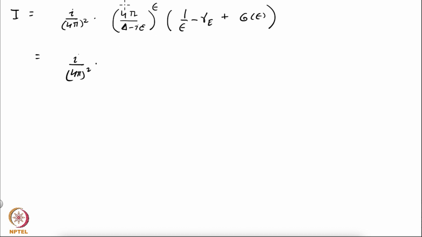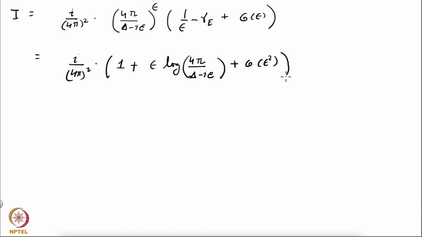Let's expand in epsilon, in powers of epsilon. So the lowest order term is 1 plus epsilon times log of 4 pi over delta minus i epsilon, and then you have order epsilon squared terms. This expansion I can write easily, and then you have 1 over epsilon minus Euler gamma plus order epsilon terms.